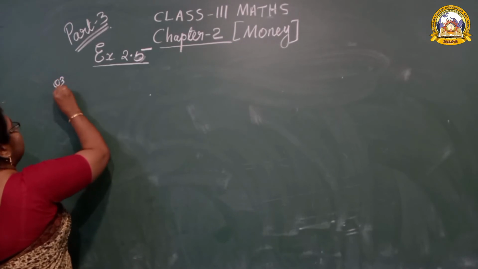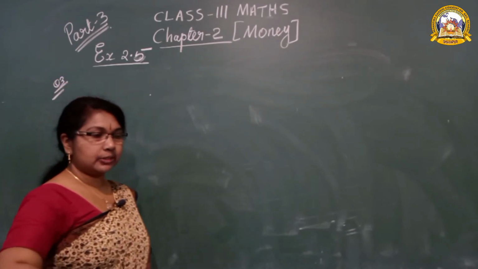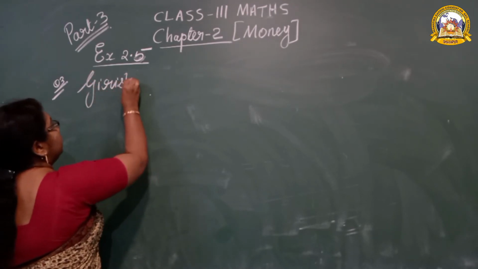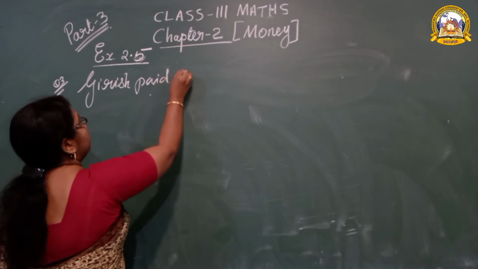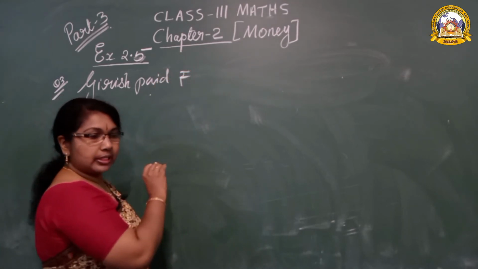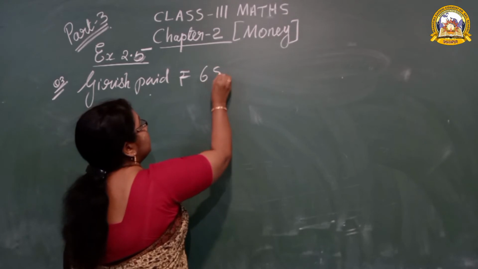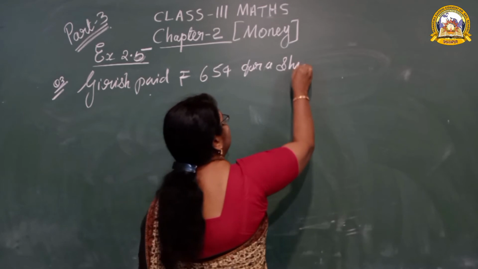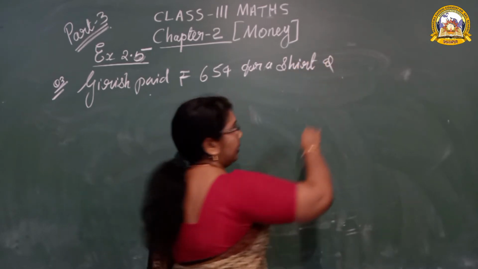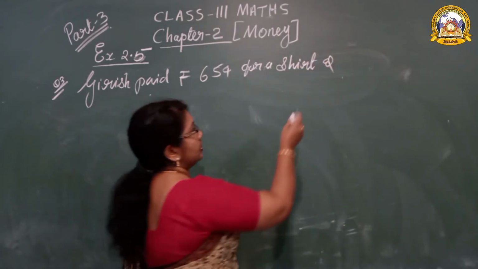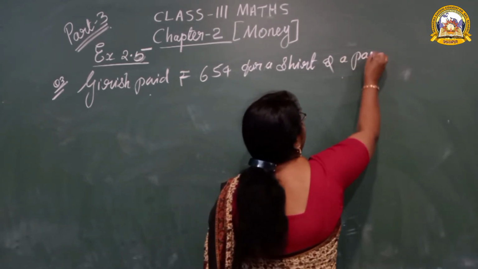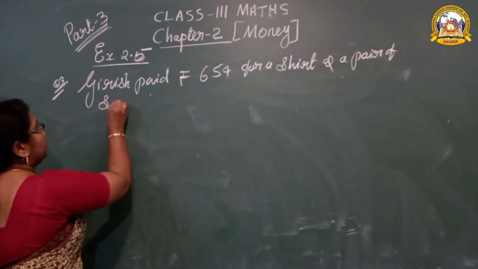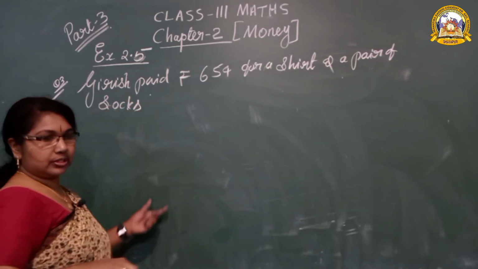Question number 3. Look at the question. Girish paid rupees 654 for a shirt and a pair of socks.